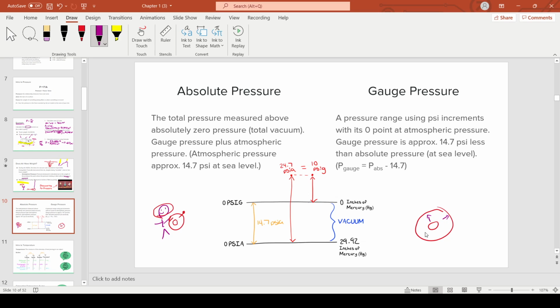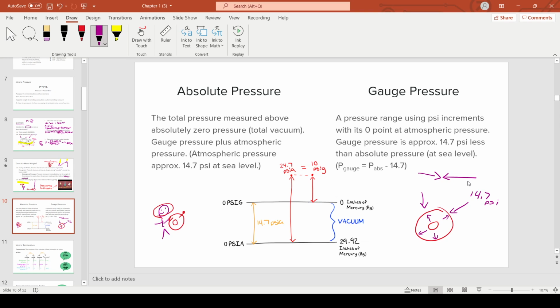That's how you measure the pressure, the surface area inside the tire versus the force of the air pressing out. But if you're on Earth, you also have pressure from the air coming in, right? So if you're at sea level, 14.7 psi. And we know that if you have two forces acting against each other, they're going to cancel out.